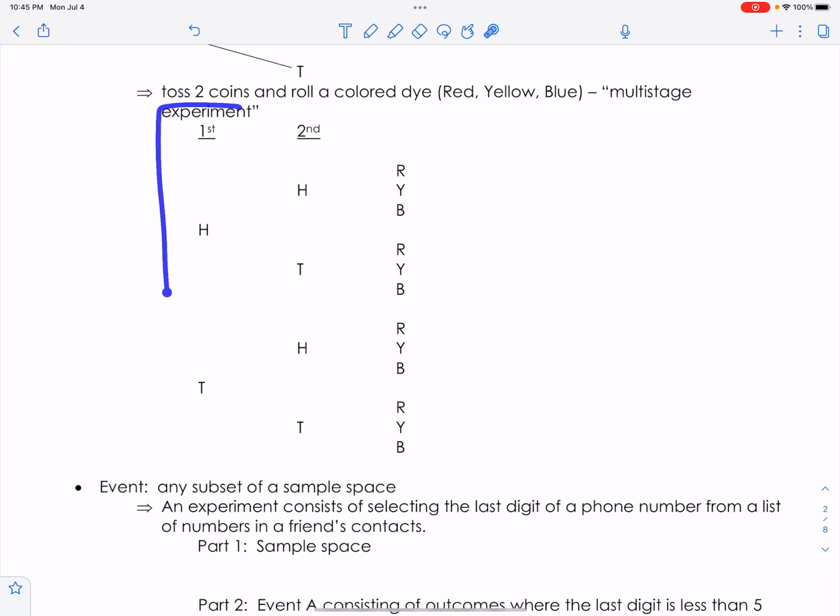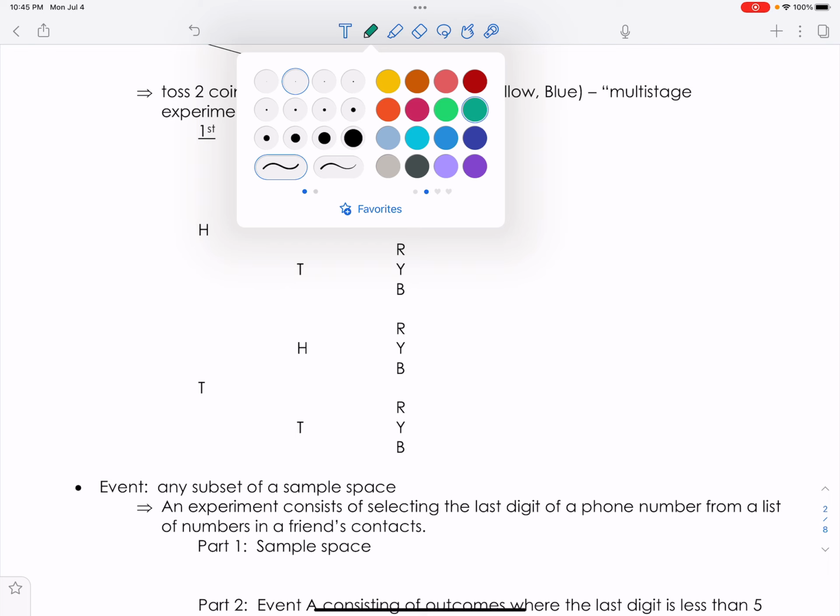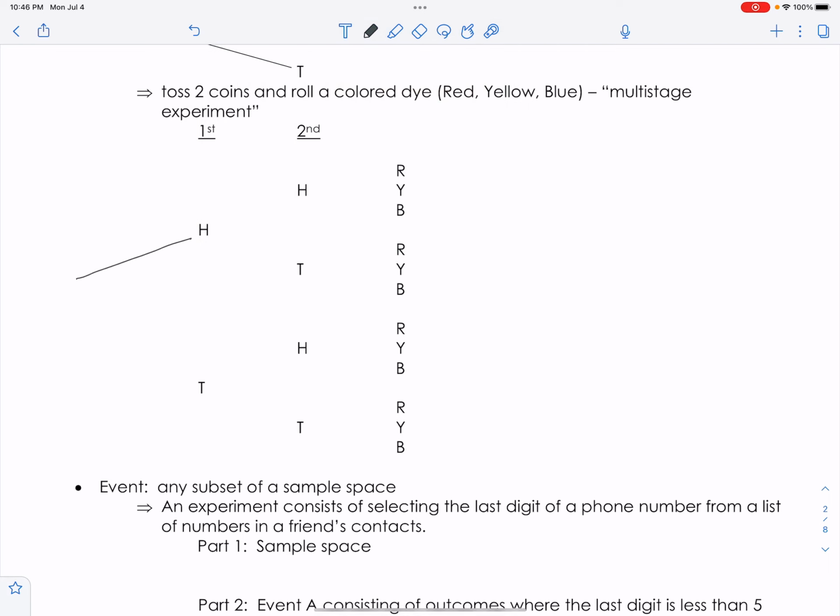So my first toss is modeled in this first column. In my first toss of a coin, I can either toss a head or a tail. And that's really the only thing that can happen when I toss one coin. My second coin could either be heads or tails, but I could get a heads from the first head, so I could toss 2 heads.